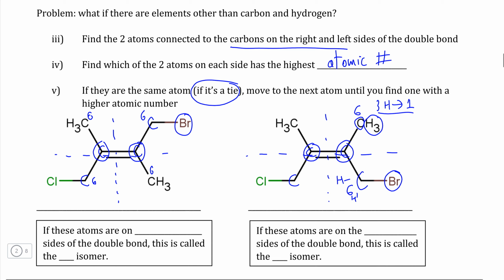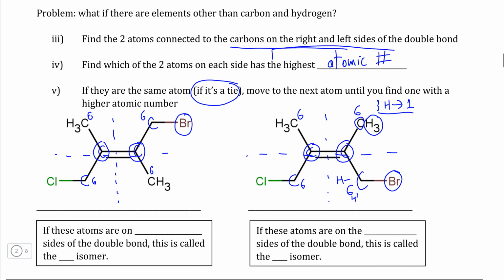And on the other side, again, we go to carbon, atomic number 6. Then there's a carbon here, atomic number 6. So we have a tie. So we go to the next atom that carbon is bonded to. Here we've got 3 hydrogens, but here we've got a chlorine that is definitely a higher atomic number.